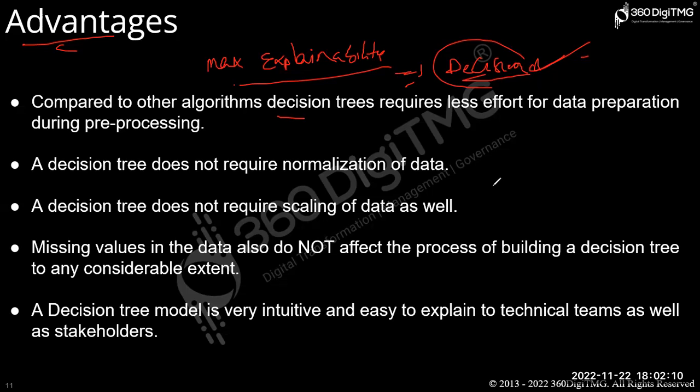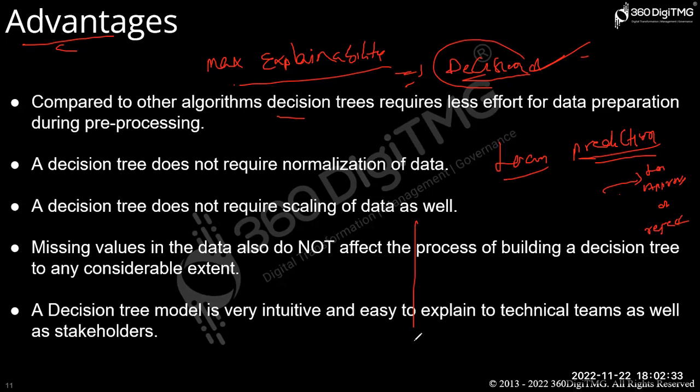Let's take one example, loan prediction. We are doing loan prediction, deciding whether to give a loan to a particular person, that is, approve or reject. In order to approve or reject, we need to consider a few features, right?